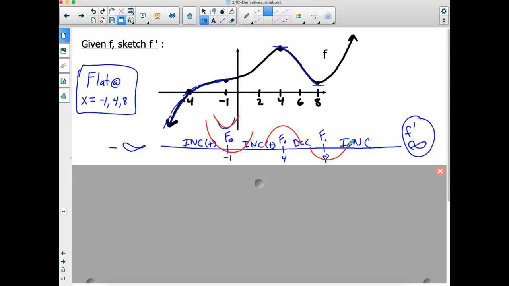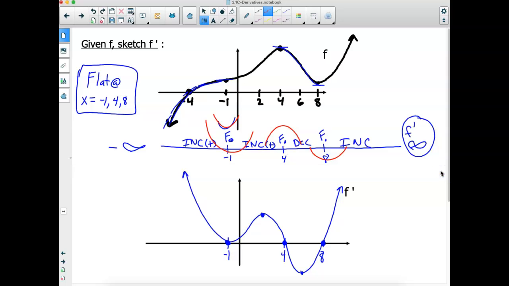So when I take that across to my bottom, my flat tracks down, my flat tracks down, my flat tracks down. Increasing, flat, increasing is a bounce right there. And then between this flat and this flat, I'm increasing the whole time. Right in the middle of there, right around 2, I can see, ooh, point of inflection.